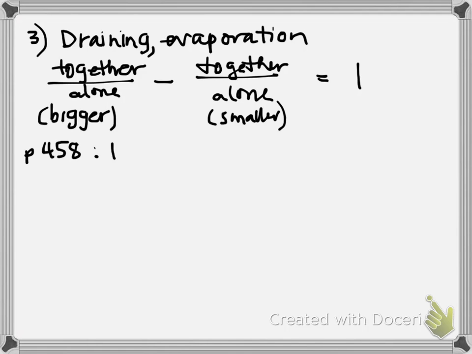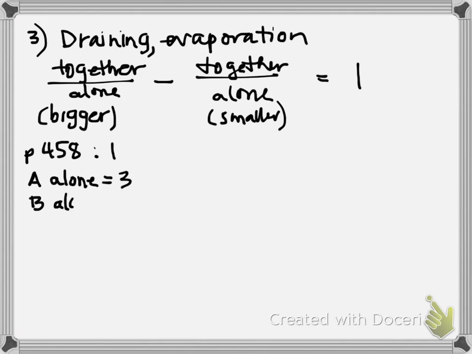So we have them working together from start to finish. So let's identify the key information. What does the 3 hours represent? It's A's time alone. So A alone would equal 3 hours. And what did 5 represent?